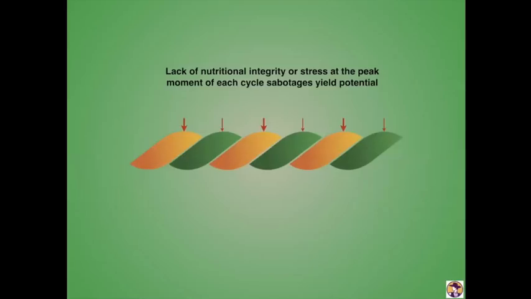There's one moment for disease and insect resistance, and there's another moment for yield potential. Nutritional products and biostimulants will affect what is happening in a plant differently at different stages. So when you have a lack of nutritional integrity, or you have any level of plant stress, at the peak moment of each cycle, you sabotage the plant's yield potential.